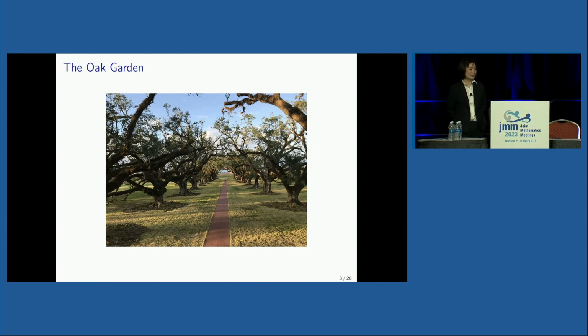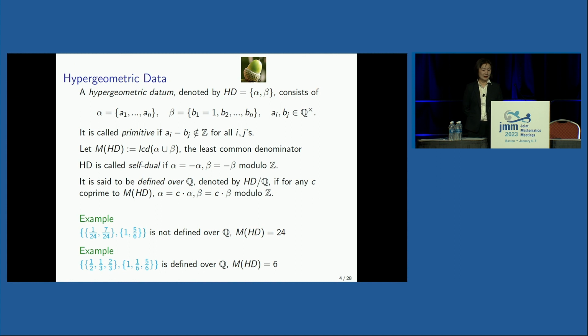This is an overview of the oak garden, which I took from the Oak Alley Plantation. Now let's start with the family DNA of a hypergeometric datum, which I denote by HD. It consists of 2 multisets, one called alpha, one called beta.